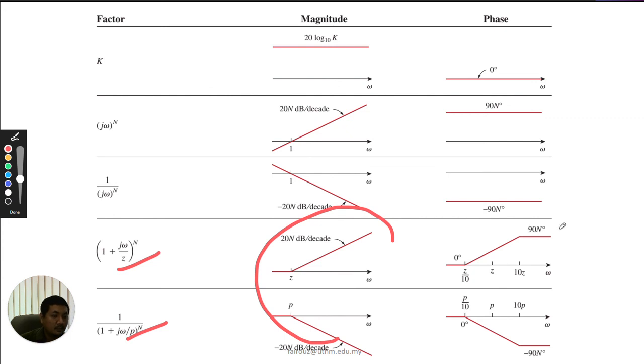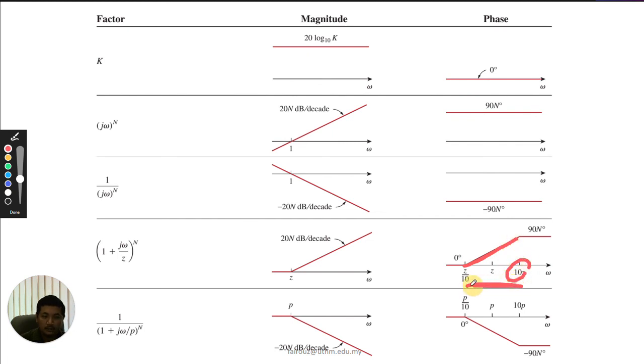Now let's look at the phase plot. For the simple zero, the phase plot, we have 0 degree. Now here is z over 10. Then it will increase until 10 times z. So this is 2 decades, right?